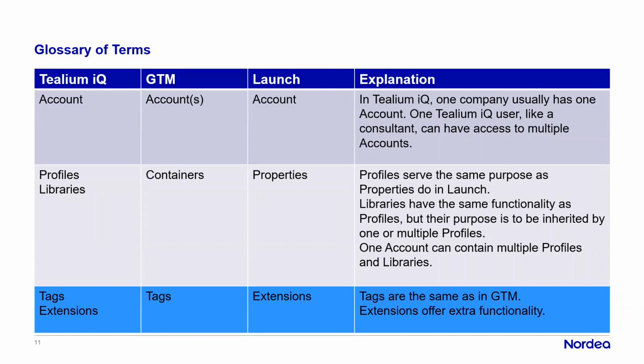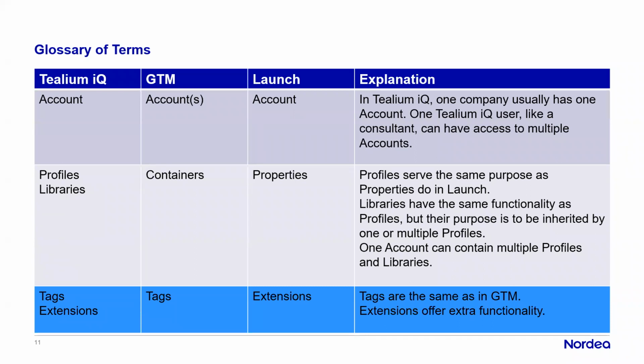Then we have something called extensions, and that is not the same as extensions in Launch. That is, as the word says, an extension. So you have the possibility to add extra stuff to your setup.